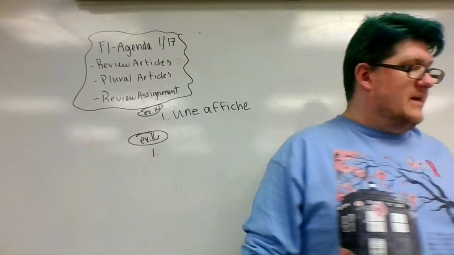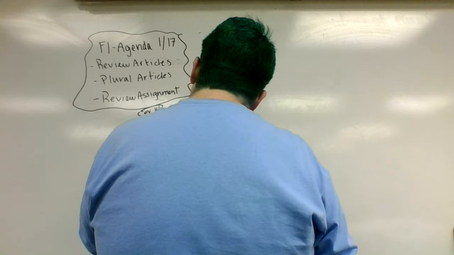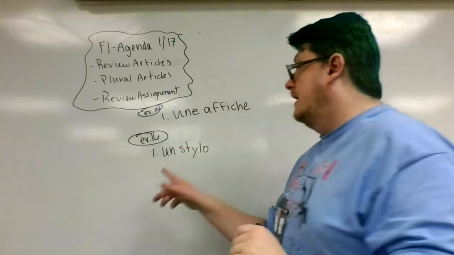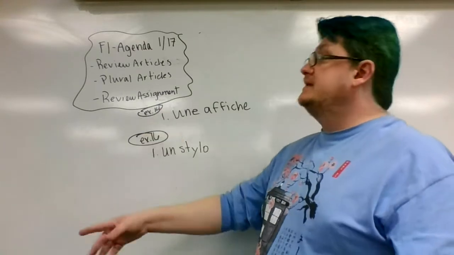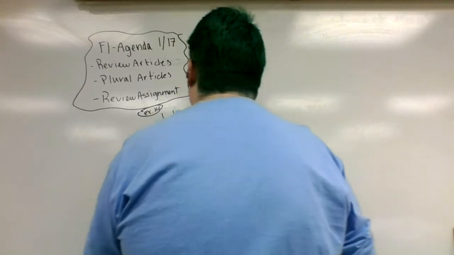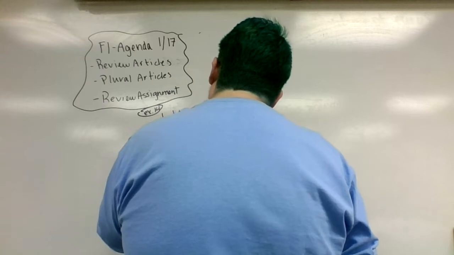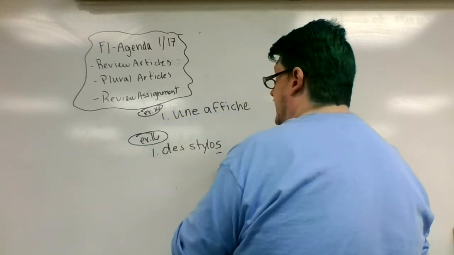So, for example, they give us un stylo. Okay? So, un is an indefinite article. So, the indefinite article plural is des. So, you would put des stylos and add an S on the end, right?